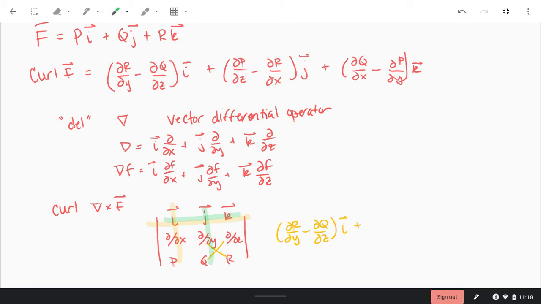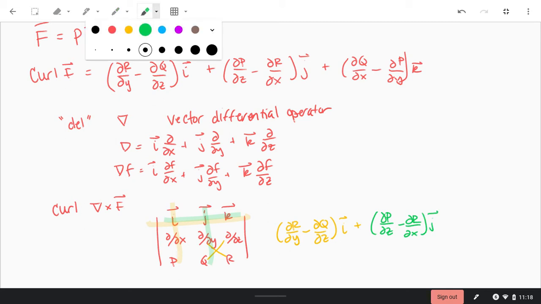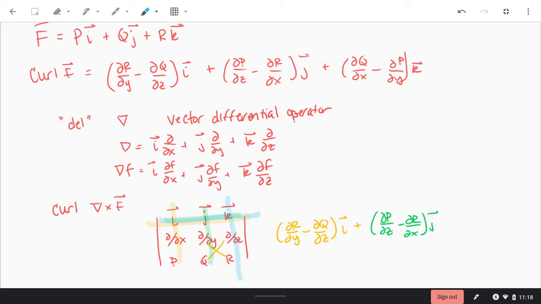So we just do the double negative there. Rather than doing dR/dx minus dP/dz, we're going to do dP/dz minus dR/dx. Okay, and then we do our k. And so now we'll have dQ/dx minus dP/dy. Okay, and that's how you remember curl.